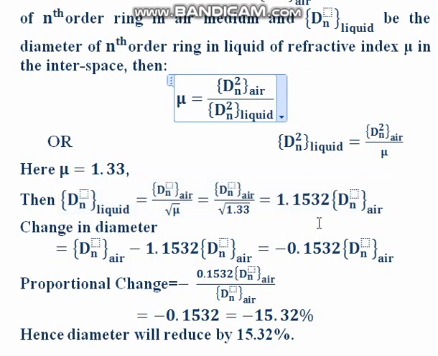Now what is the change in diameter? The change in diameter is D(n) liquid minus D(n) air, so it is the negative of D(n) air minus D(n) liquid.